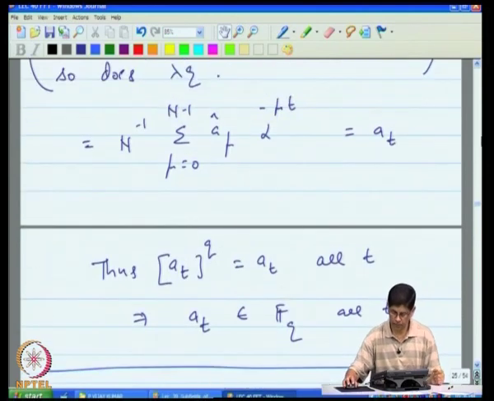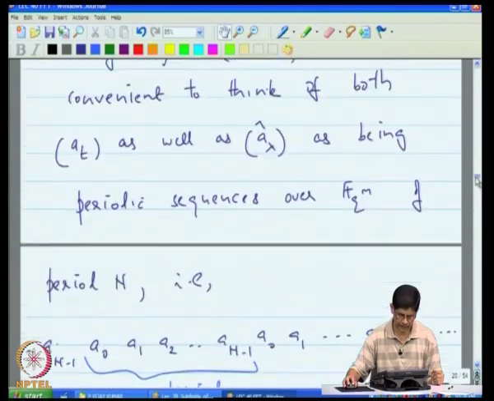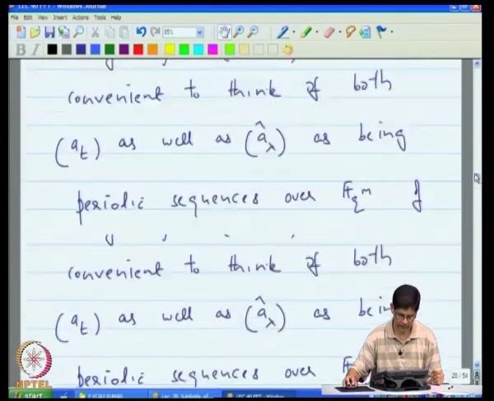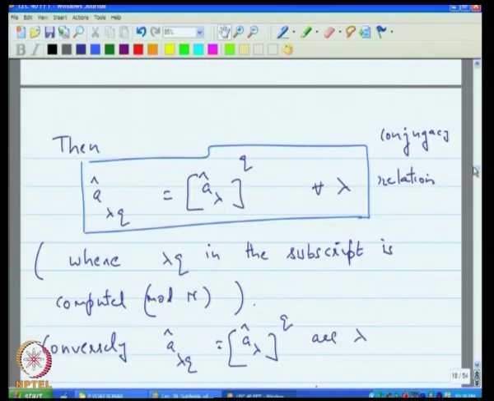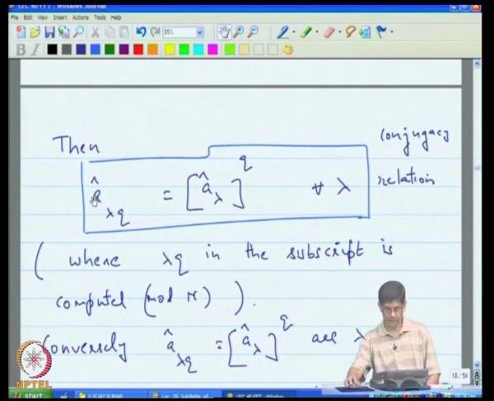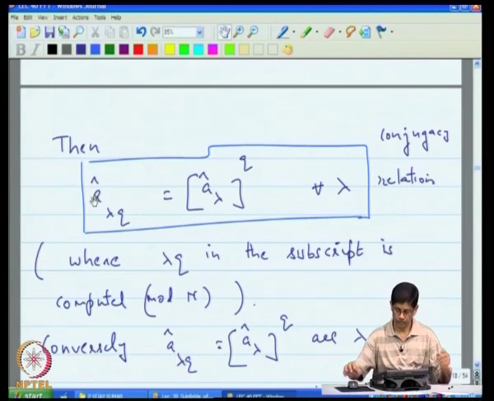So, the important thing to keep in mind here is that a sequence A of t is in the ground field if and only if its transform A hat of lambda satisfies the conjugacy relationship that is given here.